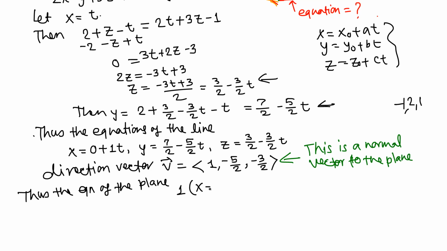So x minus x naught, x minus negative 1, so x plus 1, plus b is negative 5/2, so this is minus 5/2 (y minus y naught), that's 2, plus c is negative 3/2 (z minus z naught), that's 1, equals 0. So this is the equation we were looking for, final.